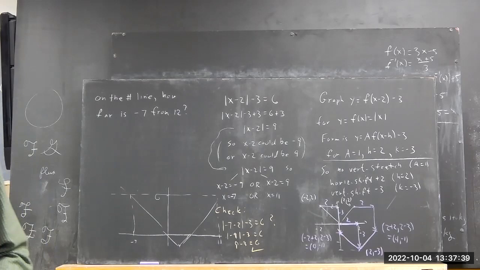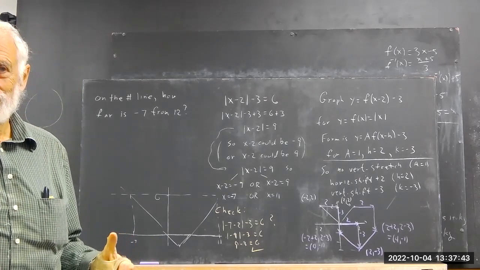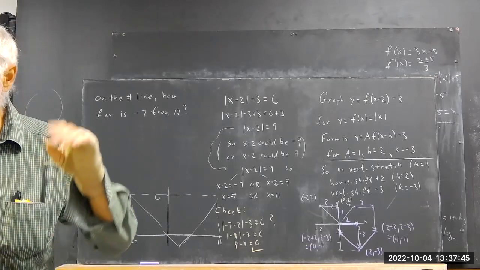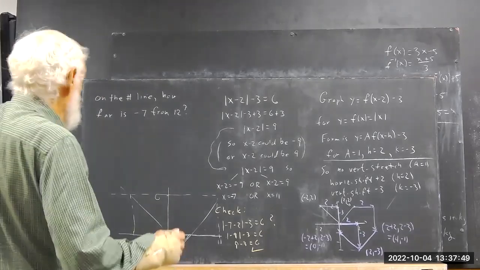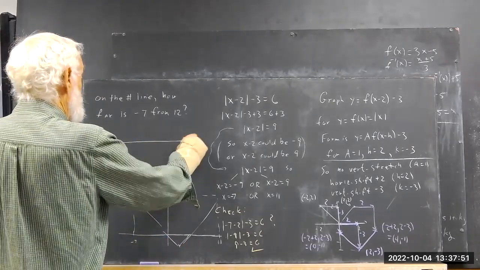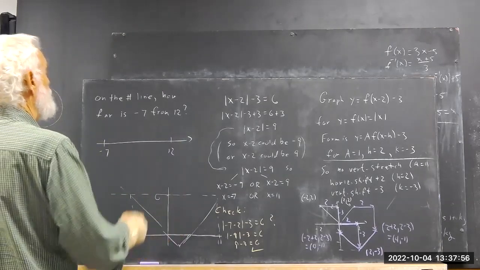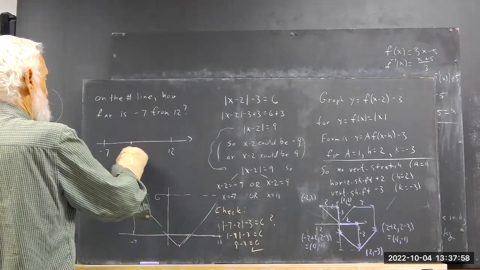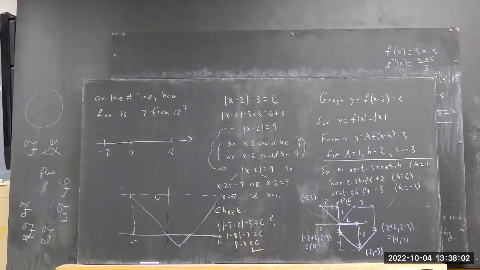Can you tell me quickly? Okay, not seeing a whole lot of fingers. Okay, seeing a couple. There's the wrong number line. Here's a number line. -7 is here, 12 is here. Where's 0? It's closer to -7 than it is to 12, so maybe there. How far is it from here to here? Last digit.